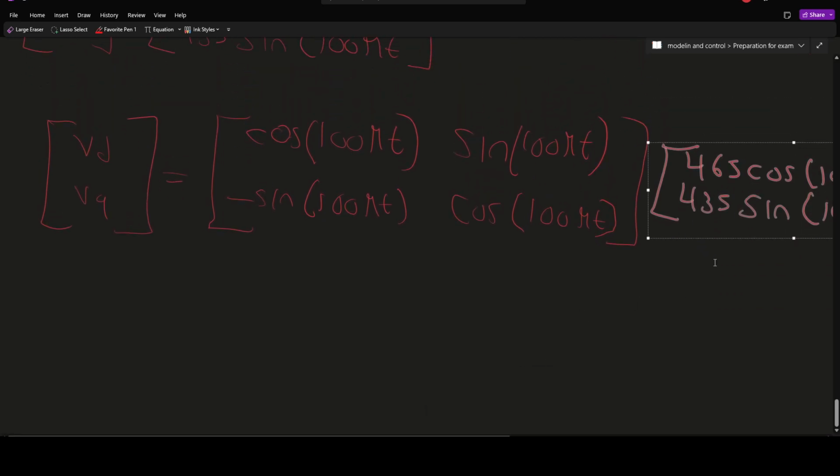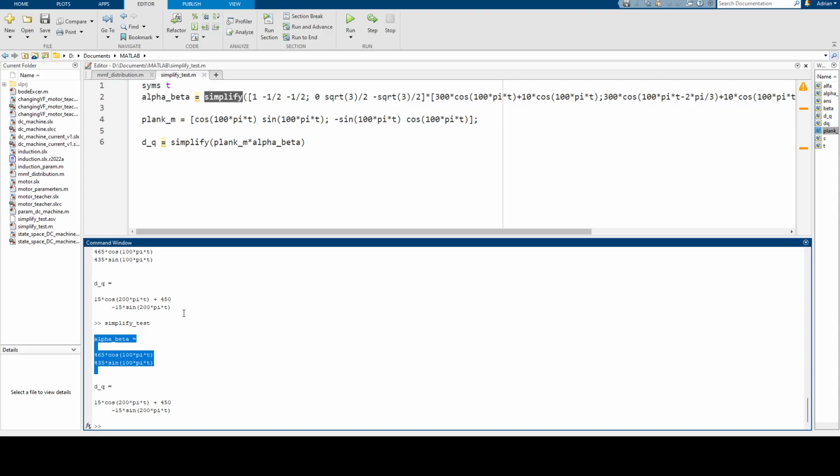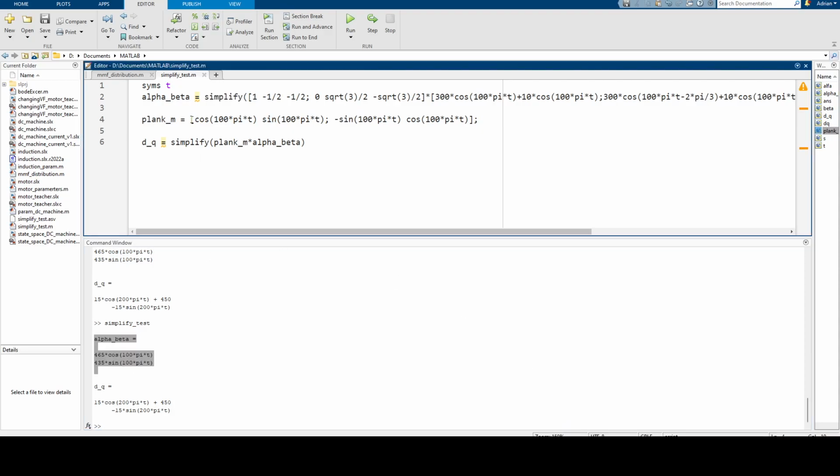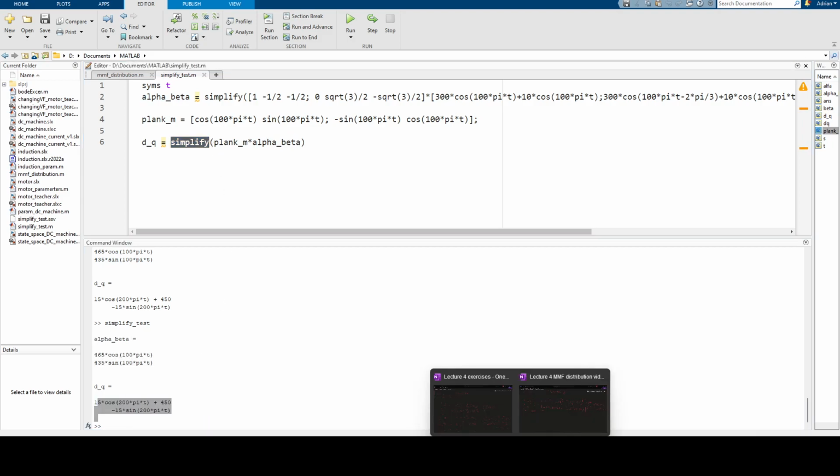And again, you can do all the math, but with MATLAB, I plugged in the transformation matrix and multiplied it by the alpha beta, simplified it, and MATLAB gives me the result here.